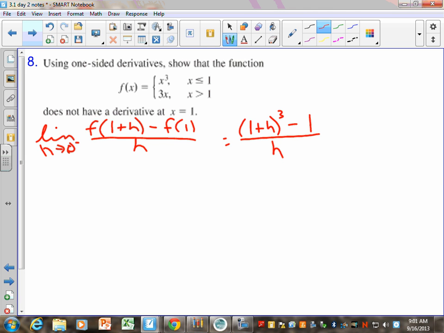But I'm just going to go from memory and say that that's going to be 1 cubed, and then 1, 3, 3, 1 is I think our numbers here, so that would be plus 3h plus 3h squared plus h cubed. And then I have that minus 1 tacked on.